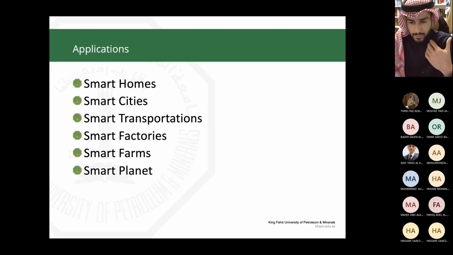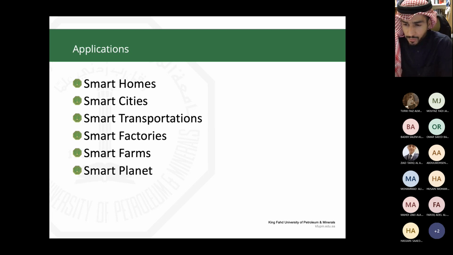So the Internet of Things, as I said, everything that is smart is an IoT application. And there are a lot of projects around us that are benefiting from IoT, whether it is improving the transportation systems that we see, improving the city services, the government services, even your home, making it more smart, more efficient, making buildings more efficient.